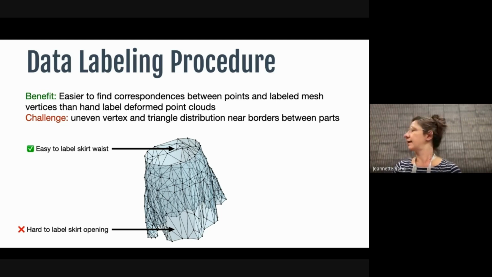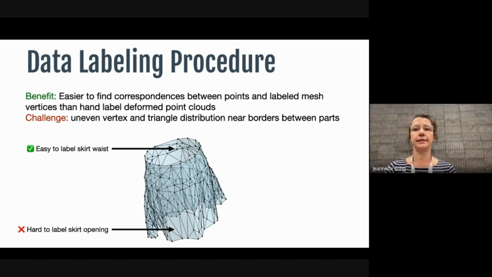In this example, we show a mesh of a skirt which was ultimately discarded because the triangles are much more fine-grained at the waist, but then they become really sparse at the bottom. And so that is a problem, right? When you're labeling the point cloud, it looks weird. So we discarded meshes like this that did not have a nice regular uniform triangle distribution.